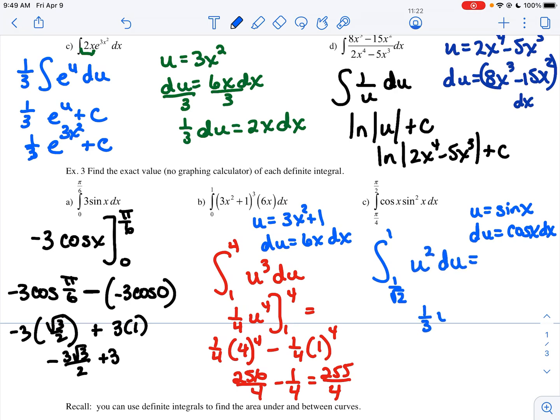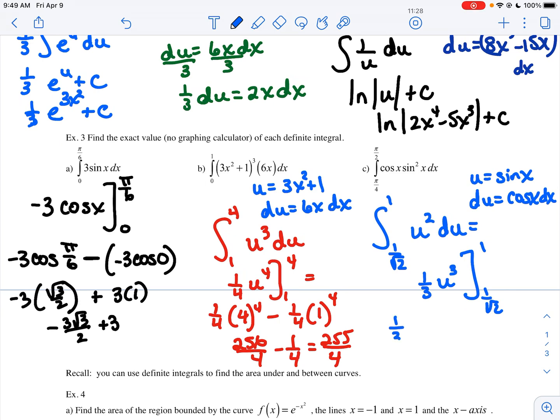And then I'm going to get u squared du. So that's 1/3 u cubed from 1 over radical 2 to 1. So that's sine cubed. Or no, I'm not plugging in sine, sorry. Crazy person. So then this is 1/3, because I removed the sine x.